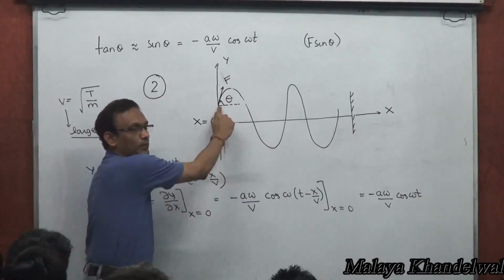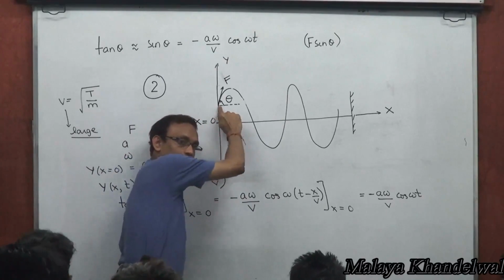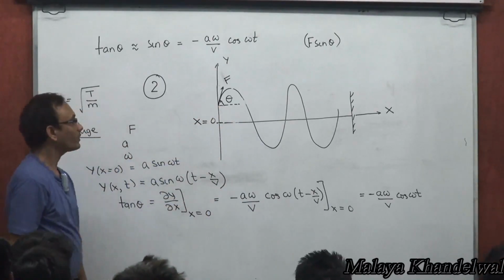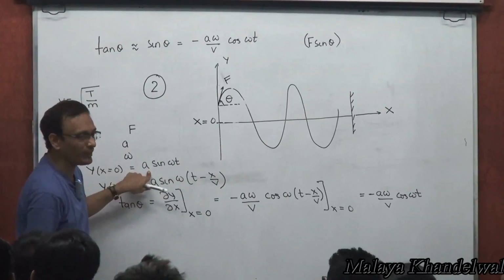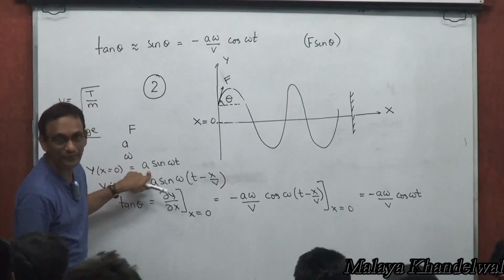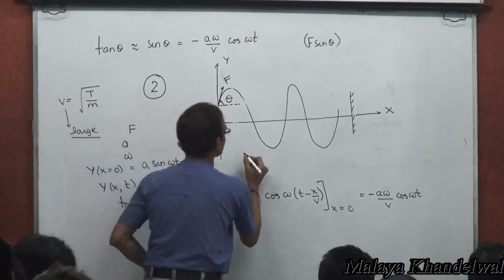The velocity of the block is going to be obtained by differentiating this, which would be a omega cos omega t at an instant of time. A omega cos omega t would be the velocity of the block.